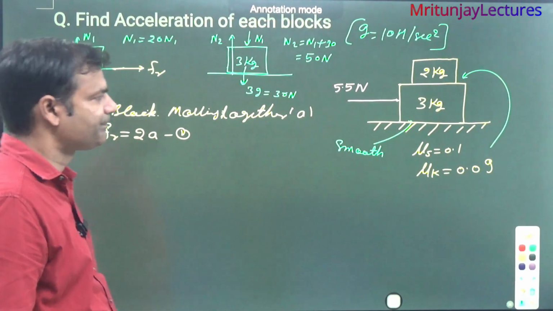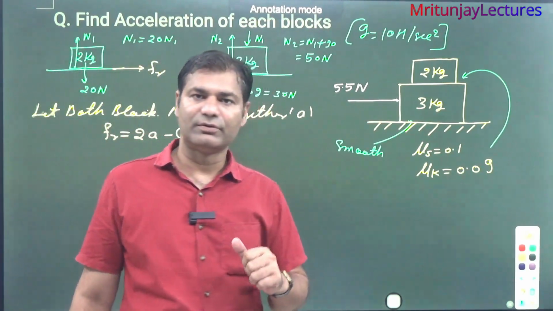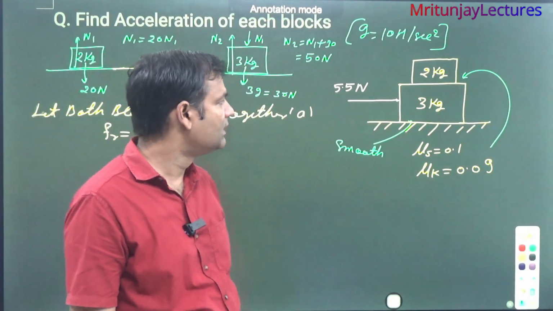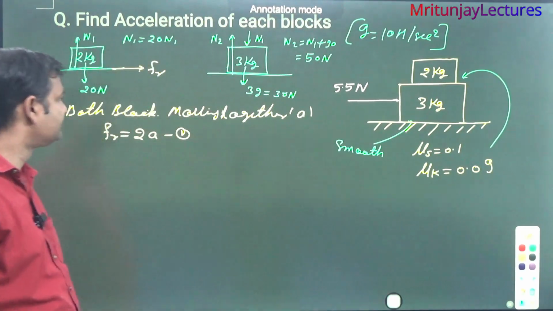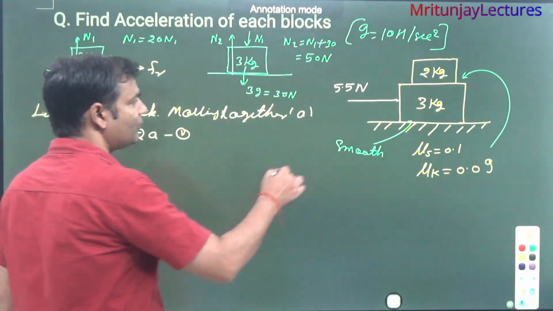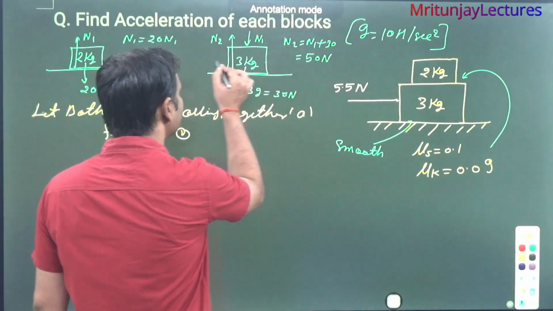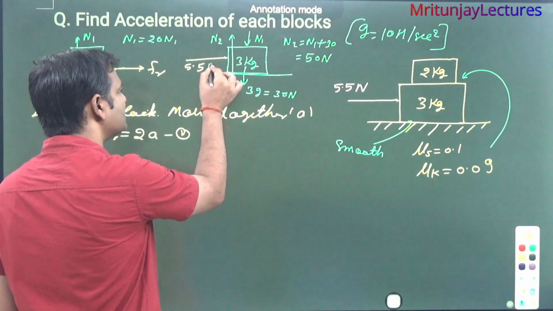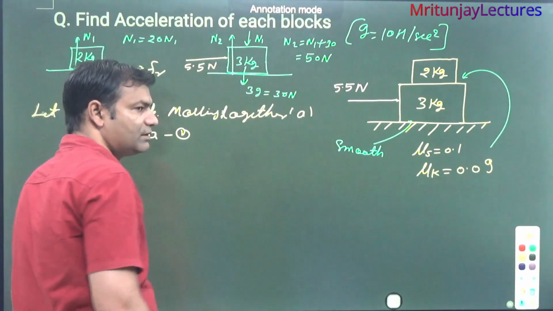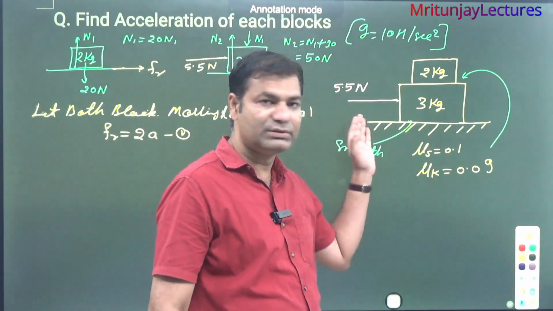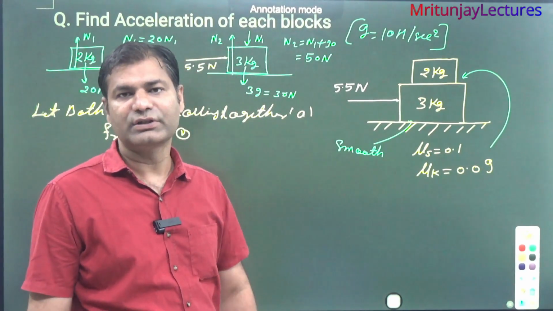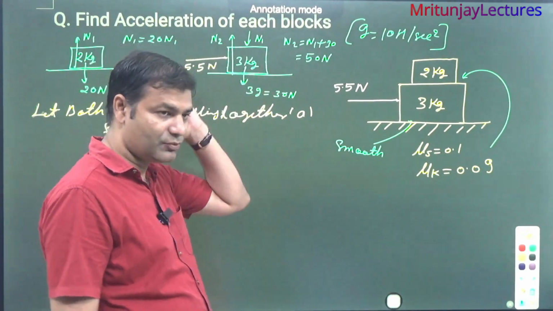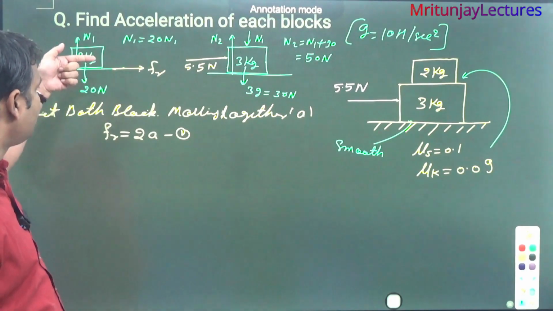Now second one, the 3 kg block. What about the 3 kg block? If no one opposes, the force direction is 5.5 Newton. The ground surface is smooth. Now look upward.